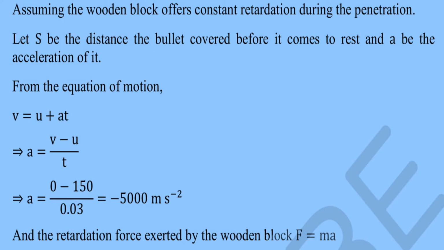While substituting the values, you will get v, that is 0 minus initial velocity 150, divided by the time 0.03. So you will get negative 5000 meter per second square. Now we will calculate the force. Force F is equal to ma.